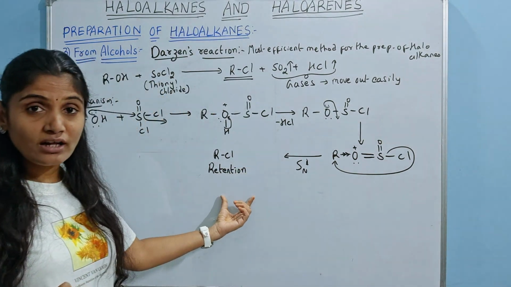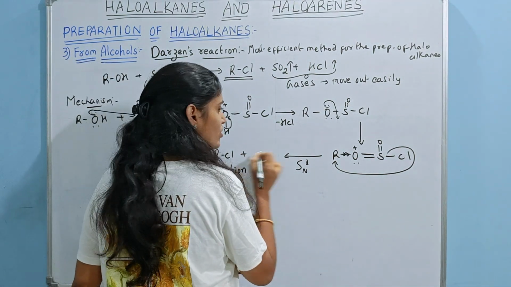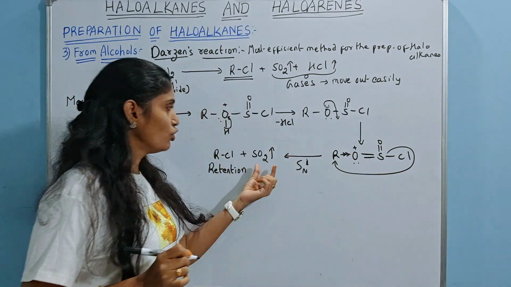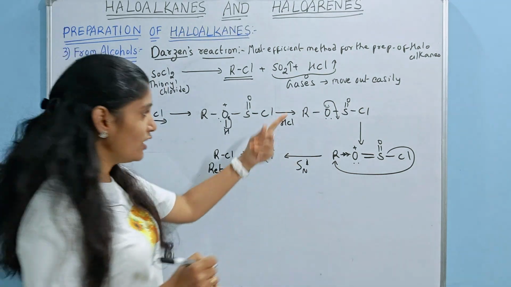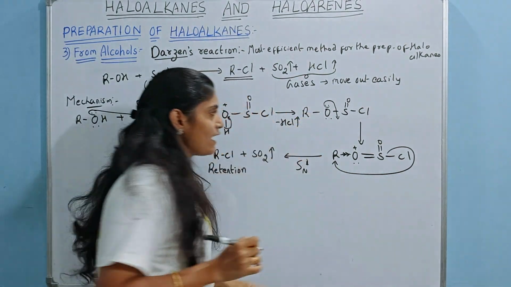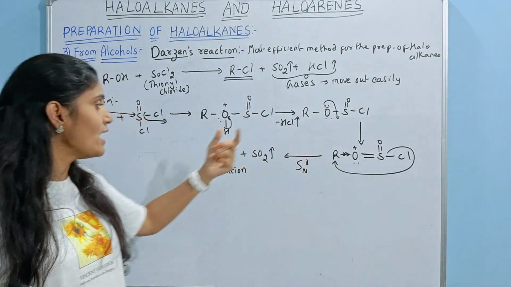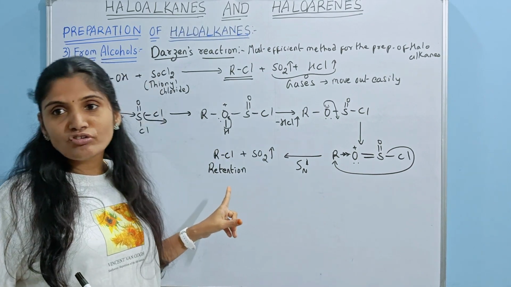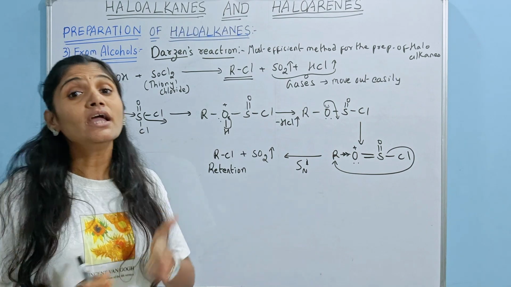So I will see the retention in my product, plus which gas? Sulfur with two oxygens will be liberated as SO2 gas. SO2 gas is liberated at the end of the reaction. In between, I showed you the release of HCl gas, and my final product is my haloalkane with a clear retention of configuration.